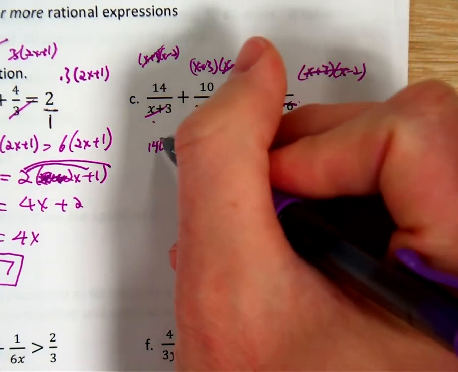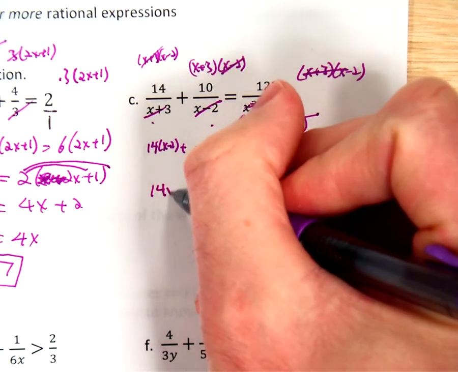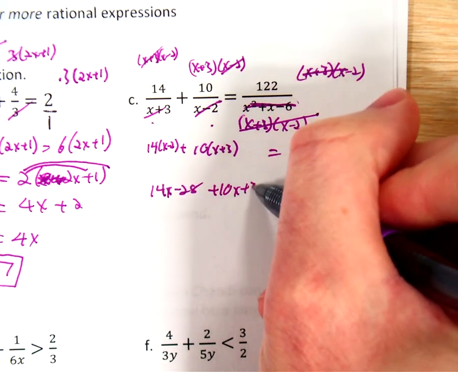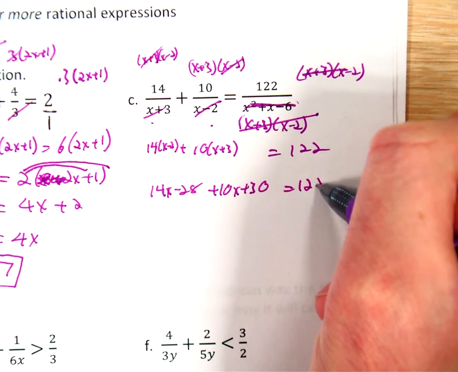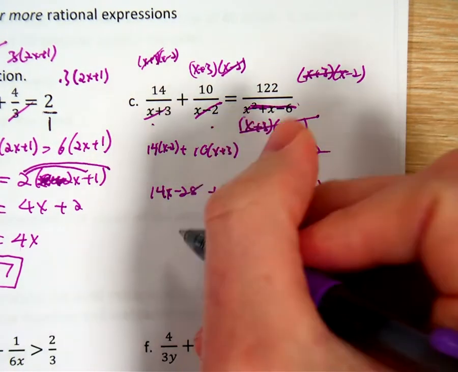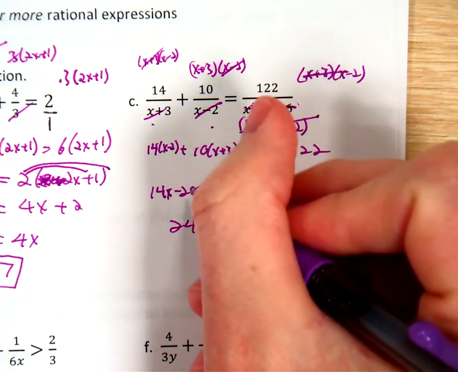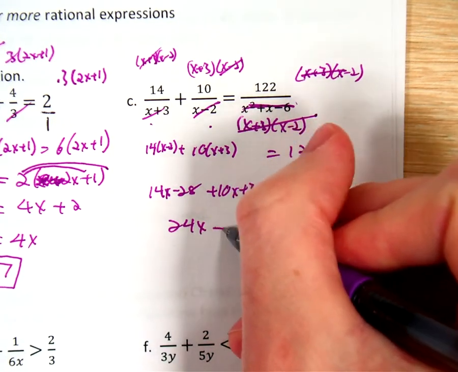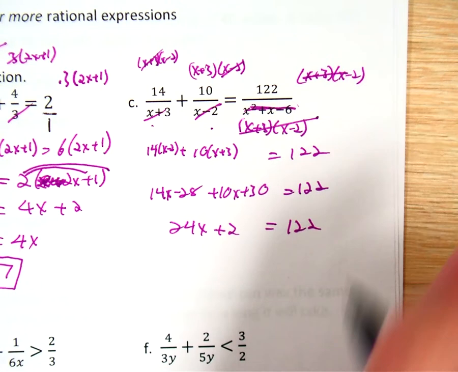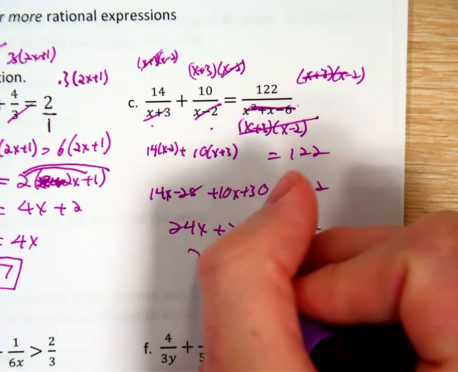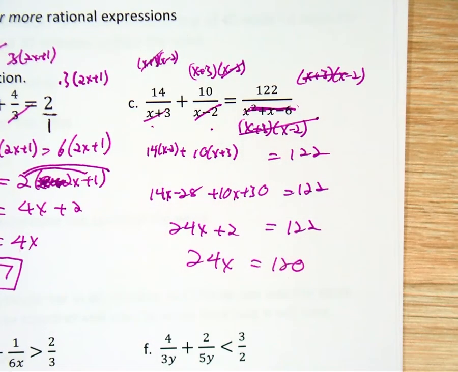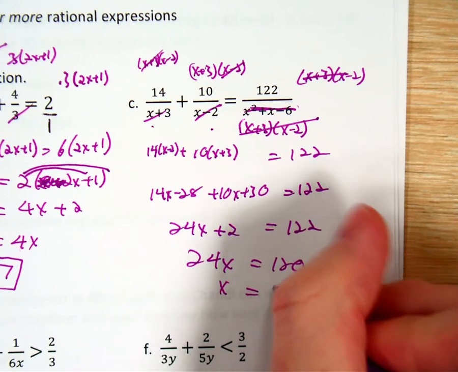Now we're going to distribute these out. 14x minus 28 plus 10x plus 30 equals 122. Put these together, we got 24x minus 28 and 30 is plus 2. Subtract the 2. Divide by 24. 5.